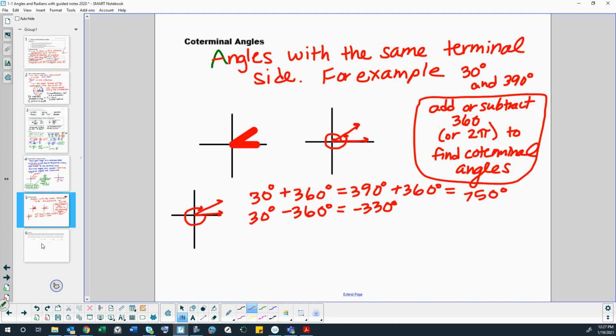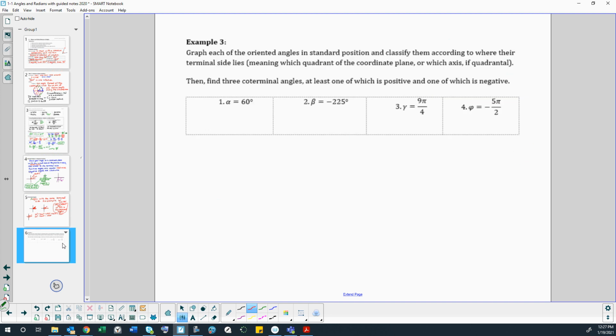Okay, let's look at the examples from the book. Graph each of the oriented angles in standard position and classify them according to where their terminal side lies, meaning which quadrant of the coordinate plane or which axis if quadrantal.